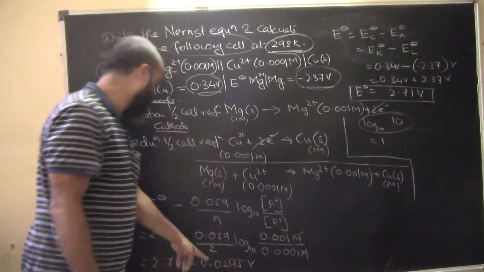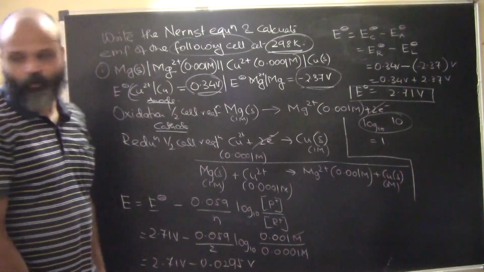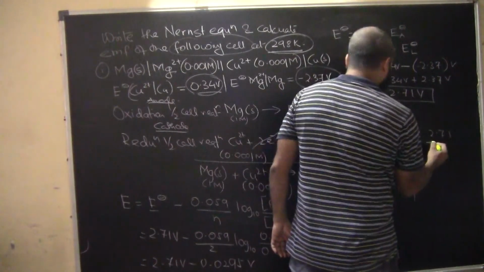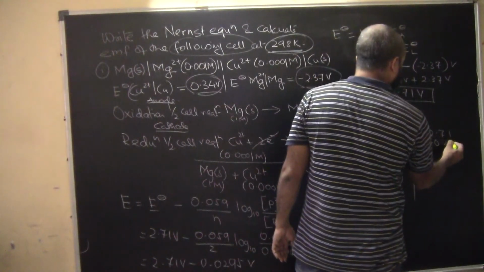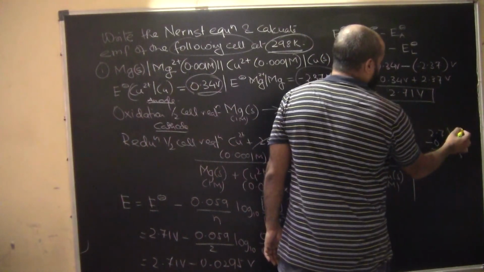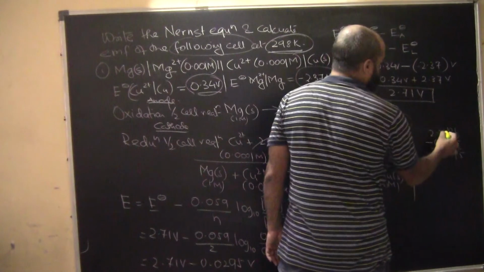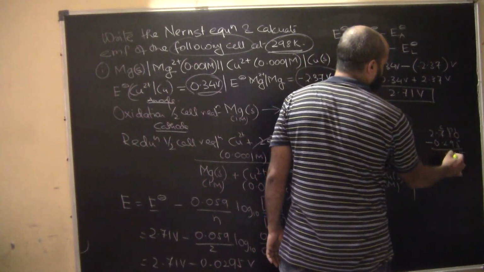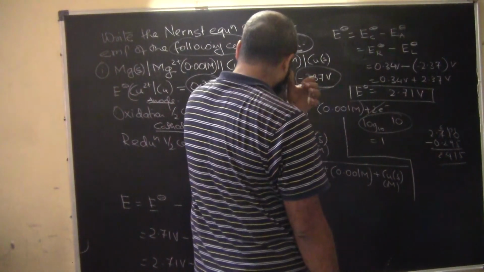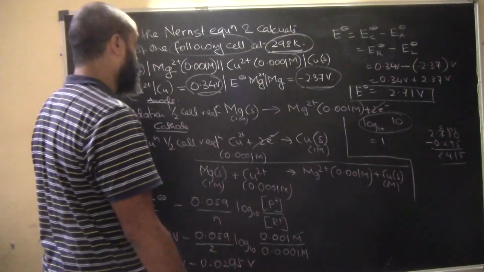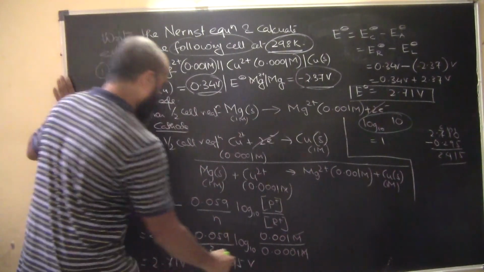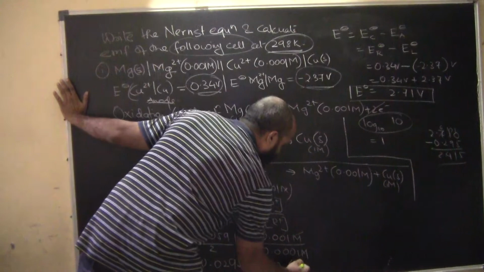So 2.71 volts minus 0.295 volts, that's going to be approximately 2.415 volts.